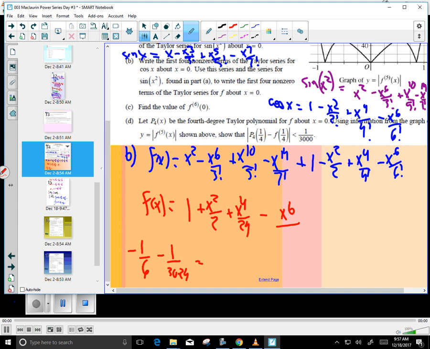720? Is that right? 720. And so this is 720. And you can just go ahead and get that fraction to work out. And then this will be something over 720.